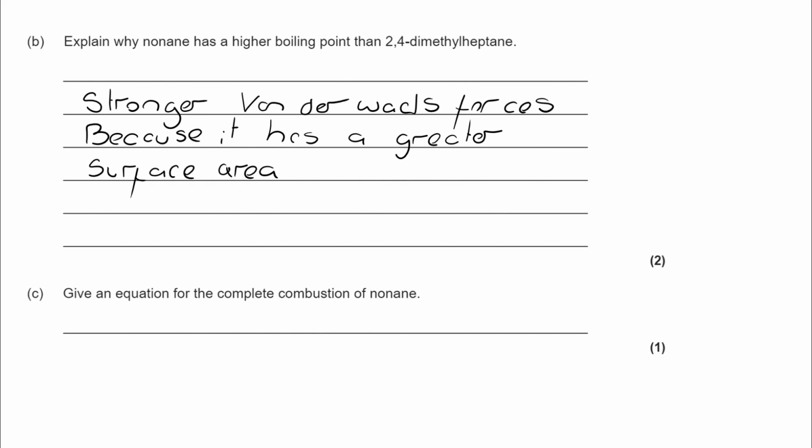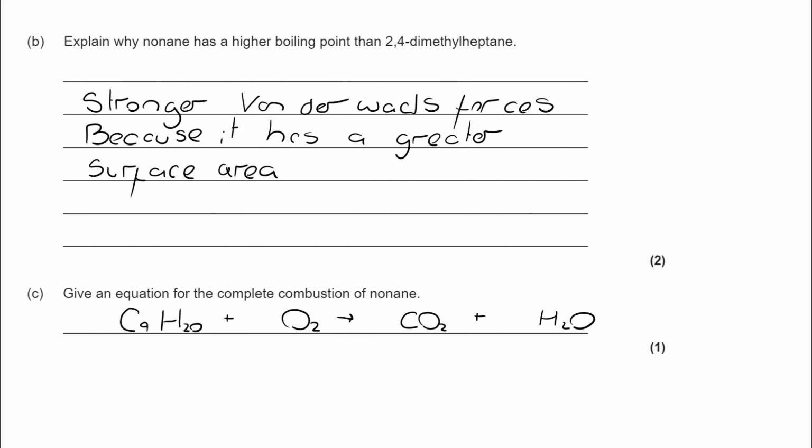Moving on to the equation for the complete combustion of nonane, I've already said that it's C9H20, and you can work that out from the diagram earlier on. And we know in combustion that we react with O2. The fact that it's complete combustion means we know we're making CO2 and H2O. Whenever I'm balancing the combustion of a hydrocarbon, I will always follow the rule of CHO.